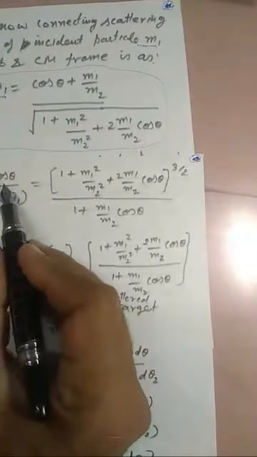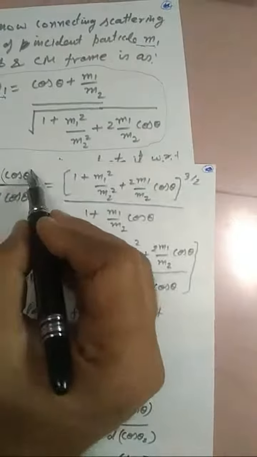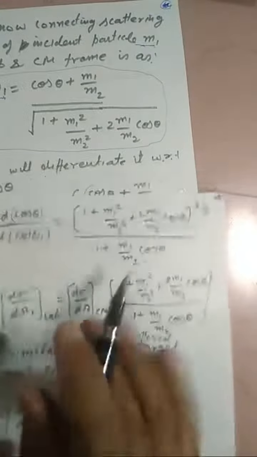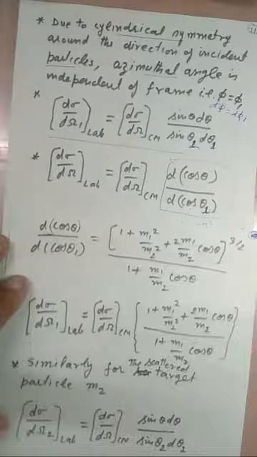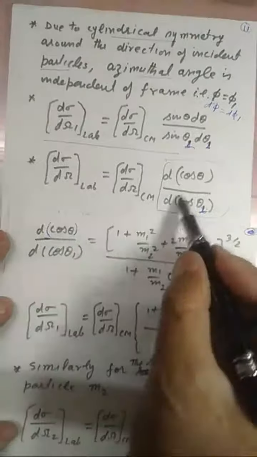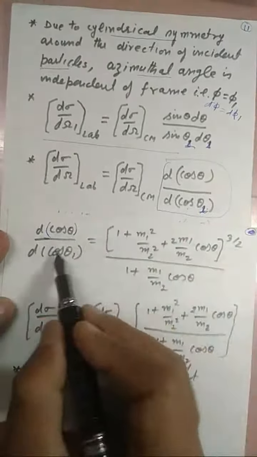So this is d cos theta, because we have to use this relation here. We have to substitute the value of this.